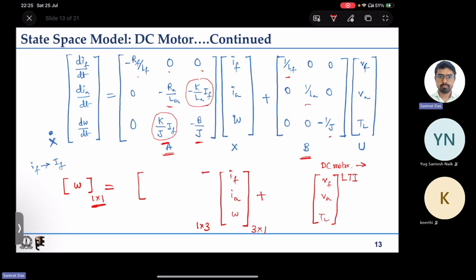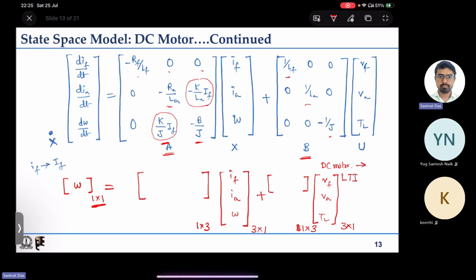This is a row matrix like this. In this case also, the input is a 3 cross 1 matrix and the final output is a 1 cross 1 matrix. So this one will also be a row matrix like this.